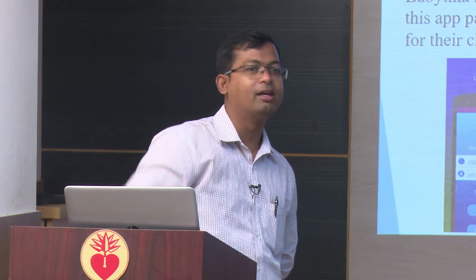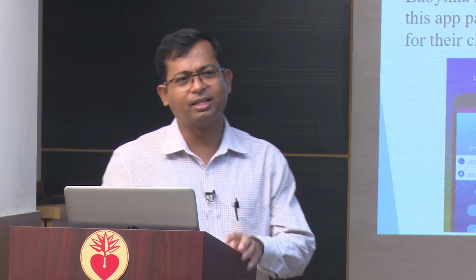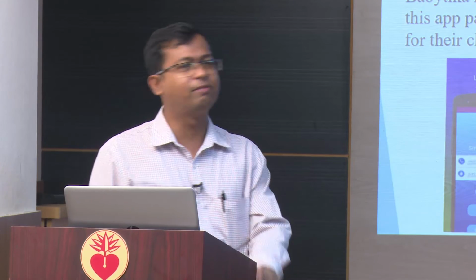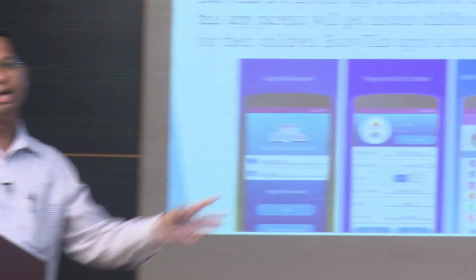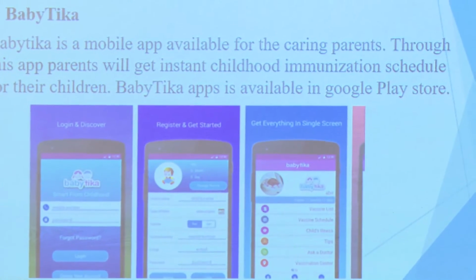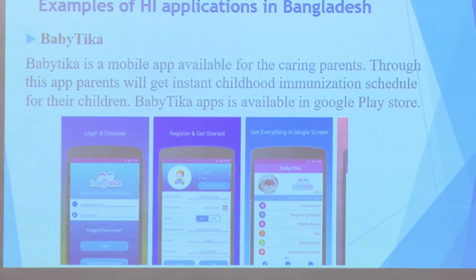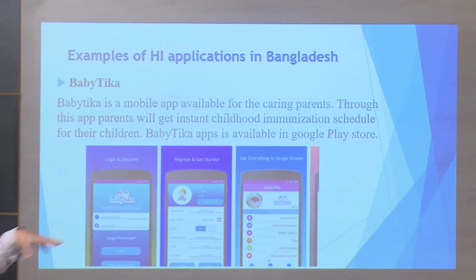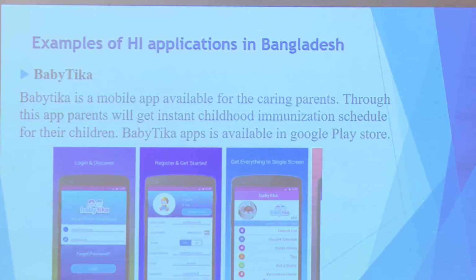Most of the time we forget it. We are so busy that sometimes we forget our children have an immunization program, and then after two days, oh, I forgot. And you know how problematic it is if you forget the right time and date.